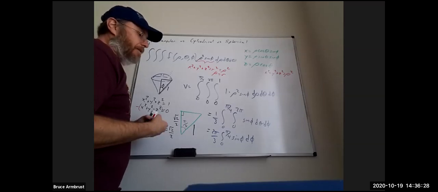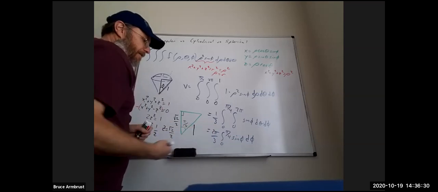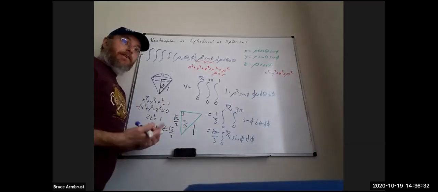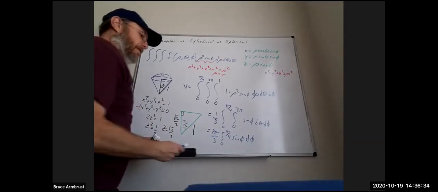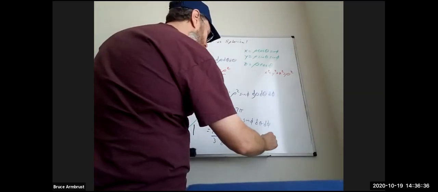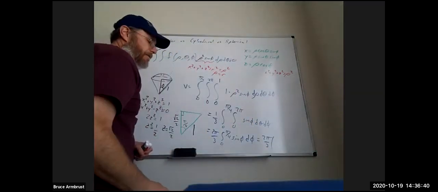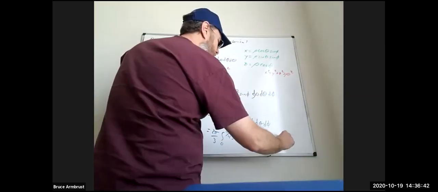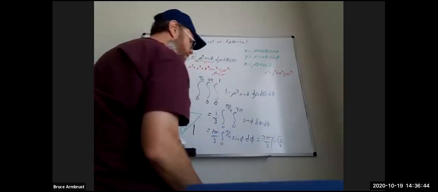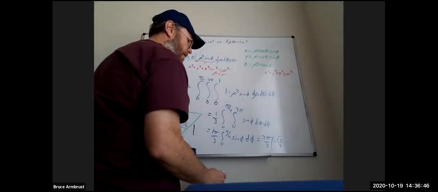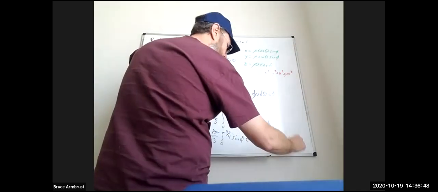Okay, well now we're going to integrate sine of phi. That gives us negative cosine of phi. When we put in our pi over 4 and our 0, we get 2 pi over 3 times minus root 2 over 2 plus 1.